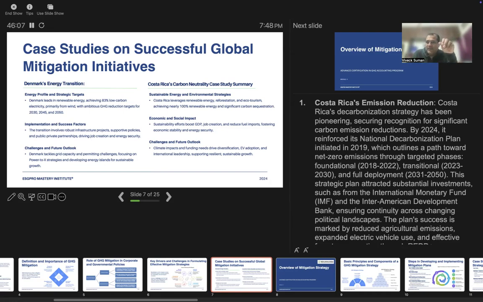They secured recognition for significant carbon emission reduction, and have been highlighted in different forums. By 2024, last year, they enforced their National Decarbonization Plan, NDP, which they started in 2019 before Corona, which outlined a path towards net zero emission. So they have taken net zero as a target through different phases.